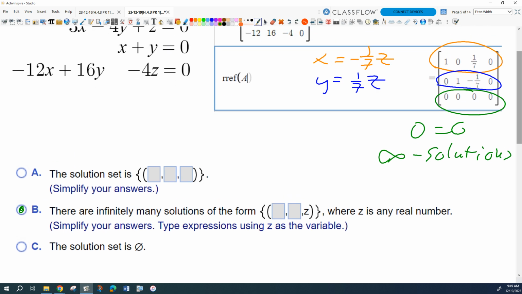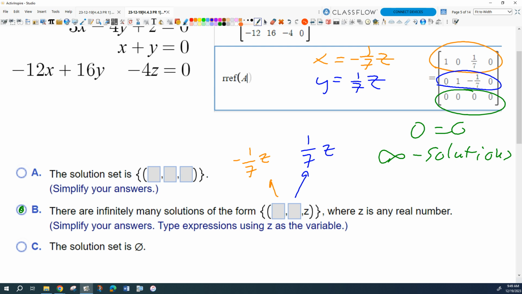X would have to be this, right? So this one is going to be negative 1/7 z, and this box would have to be y is equal to positive 1/7 z.